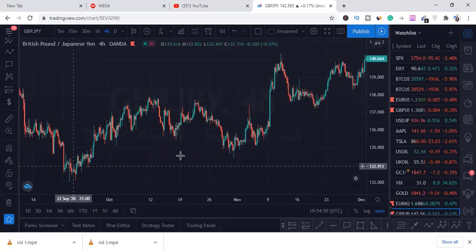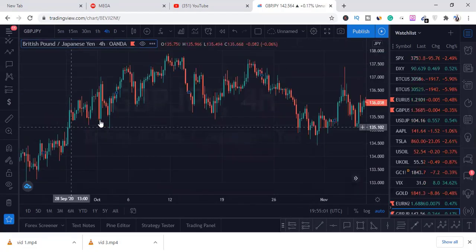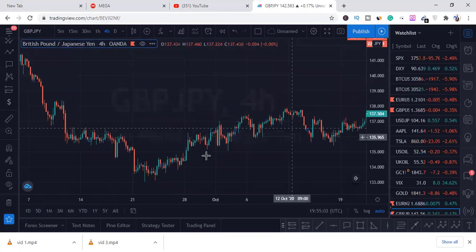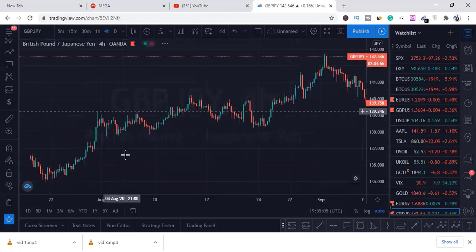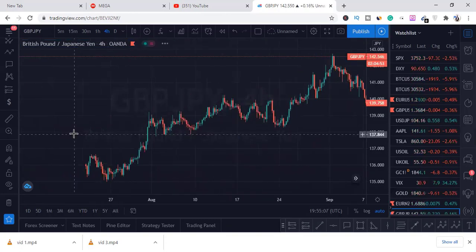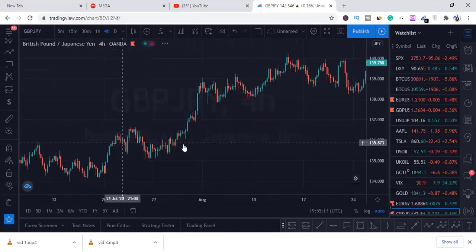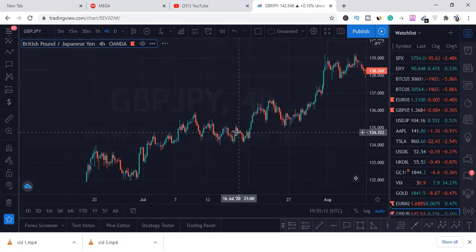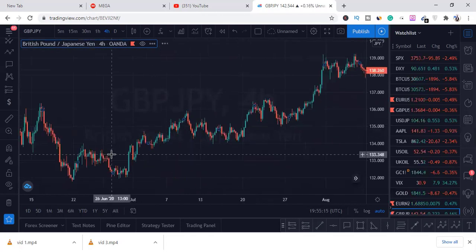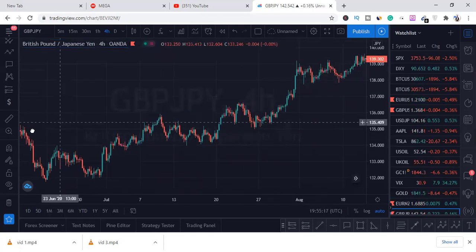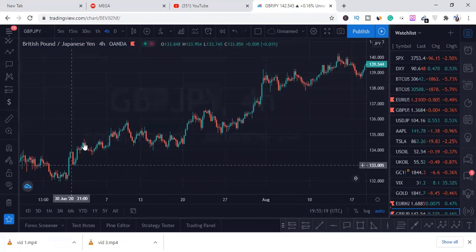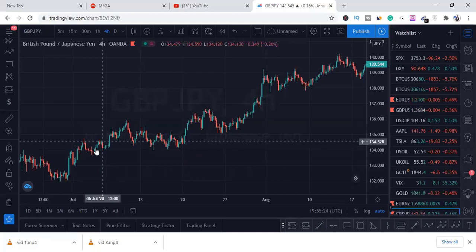Okay, so this is a live chart, and as earlier stated, remember this is the 4-hour time frame. The market has been creating higher highs and higher lows, equal highs, and this one did not.